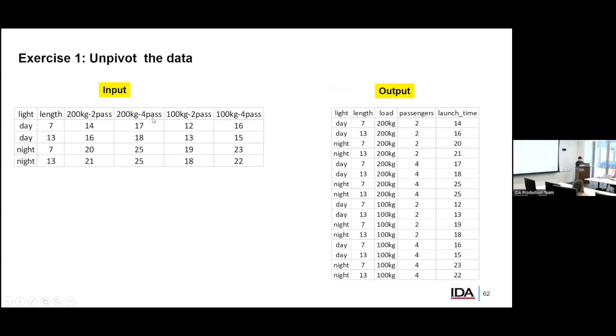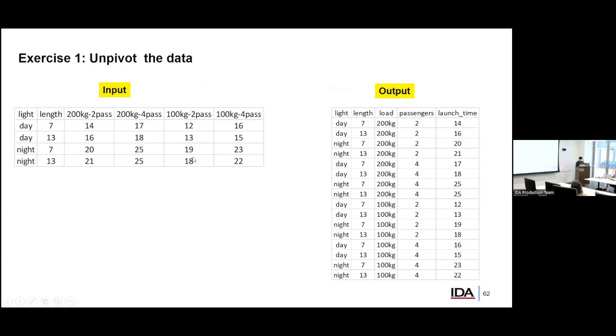Essentially, we want the weight and the number of passengers to be separate columns, and these values right here are actually launch times, so we want those in a separate column.